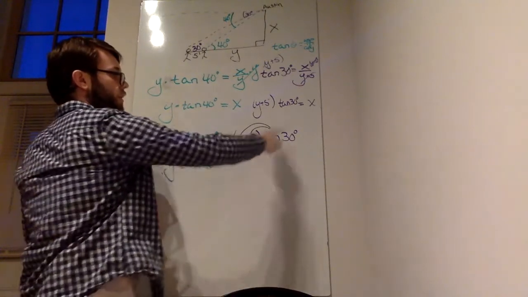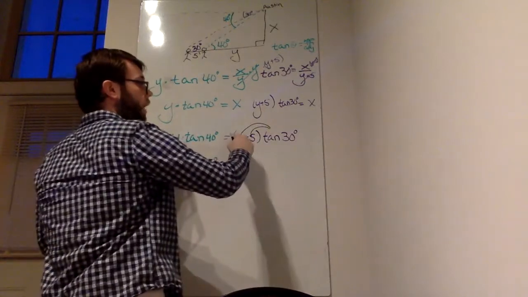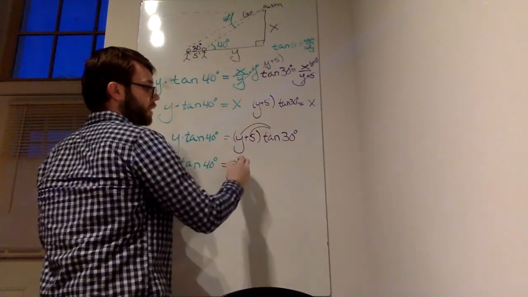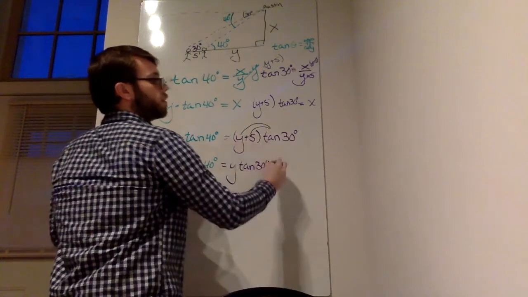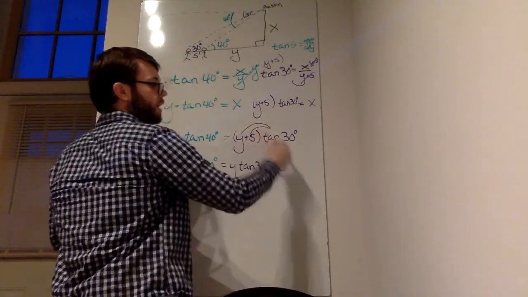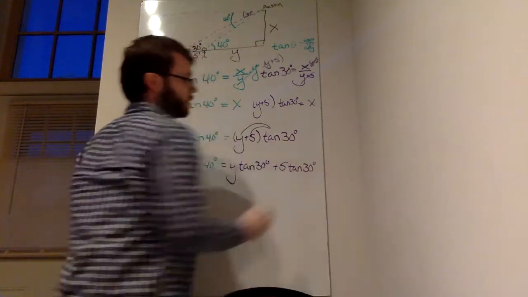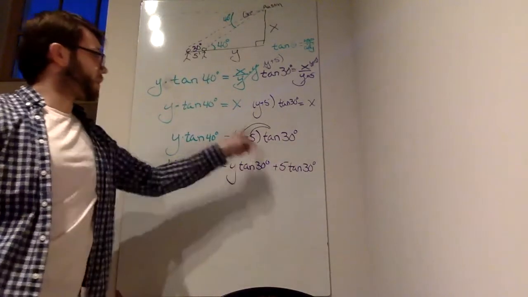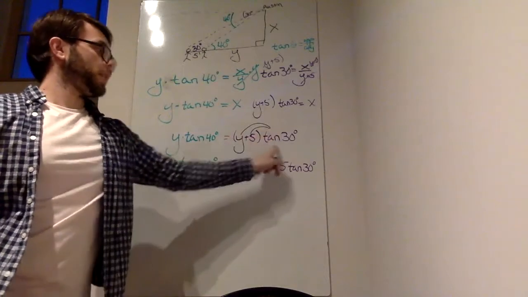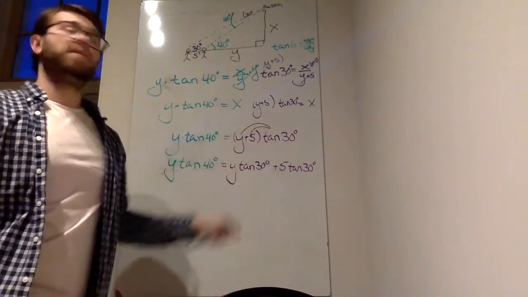When we distribute the tangent of 30 degrees, we're going to get it equal to y times the tangent of 30 degrees plus 5 times the tangent of 30 degrees. So all we did was distribute tangent of 30, some number, to the y and to the 5.